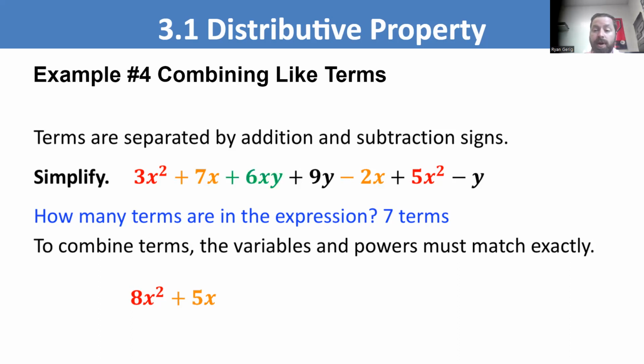There are no other xy's in this expression, so that one just drops down. That's positive 6xy. And then I look at 9y and -y. That's 9 plus -1, which gives me 8y. You will have to do that, again, with a lot less complex expressions, but you'll have to do that in order to solve certain equations. And that is the conclusion of lesson 1.